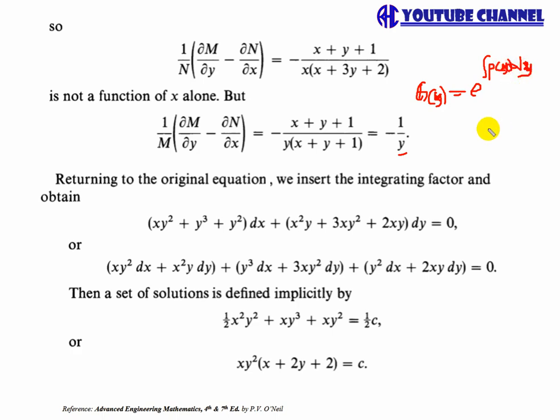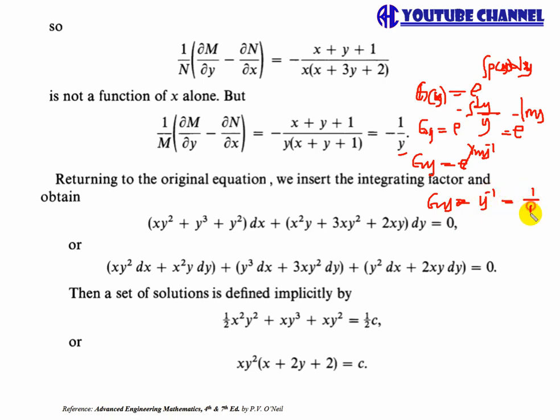So, therefore, our g of y is equal to e raised to the negative integral of dy over y. So, it becomes e raised to negative ln of y. Since it is negative, I can say it becomes the exponent of y, so e raised to ln of y to the negative 1. So, this cancels out, and our g of y, or the integrating factor, is y raised to negative 1, or 1 over y.